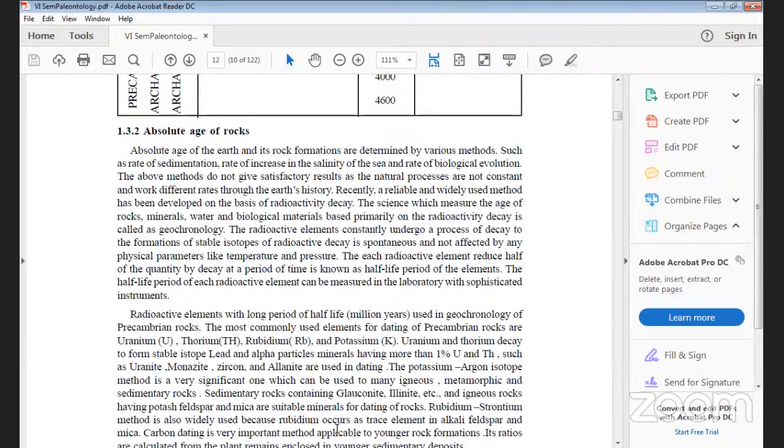These are all the facts we should consider when we are determining the age of different rocks.